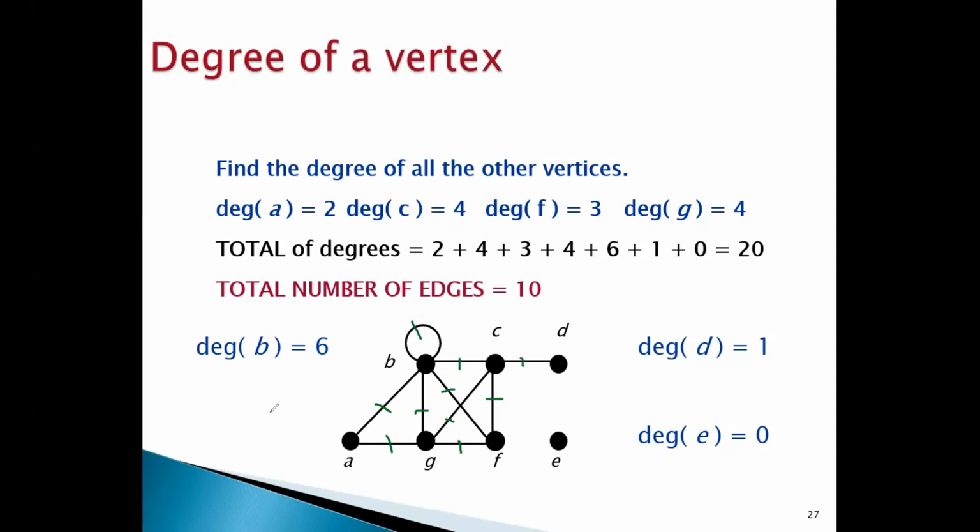So do you understand the total number of edges? Total number of edges is 10 and total number of degrees is 20. Okay.